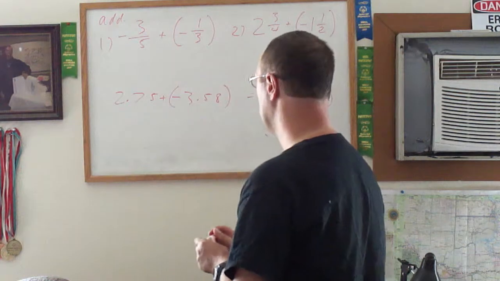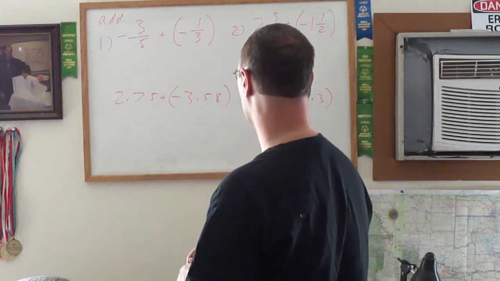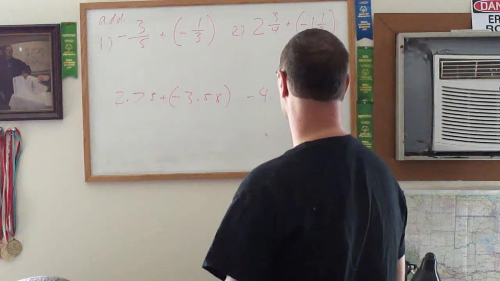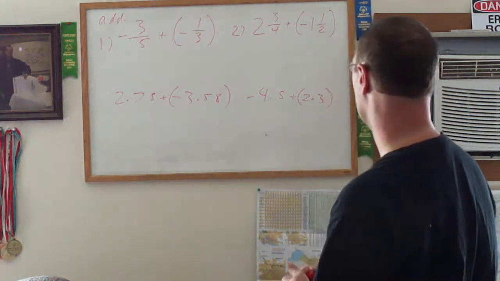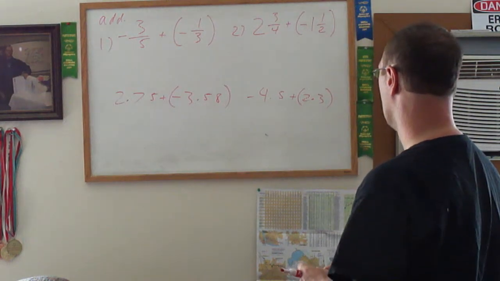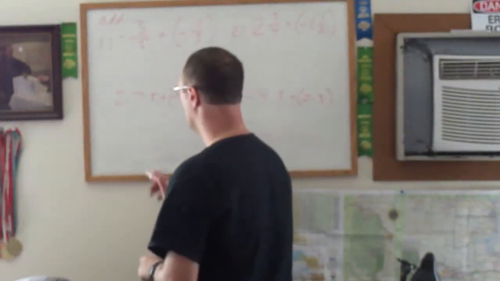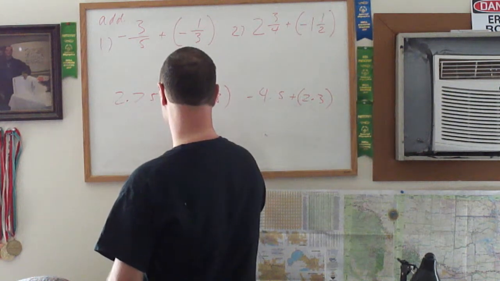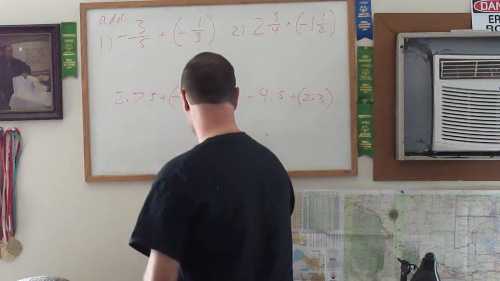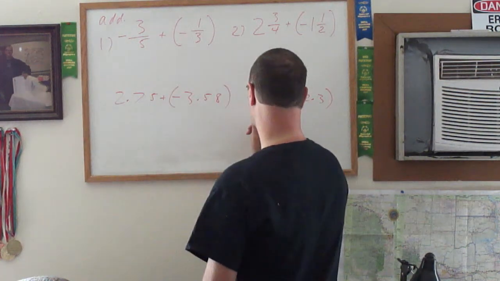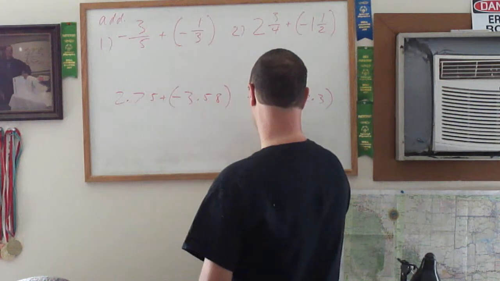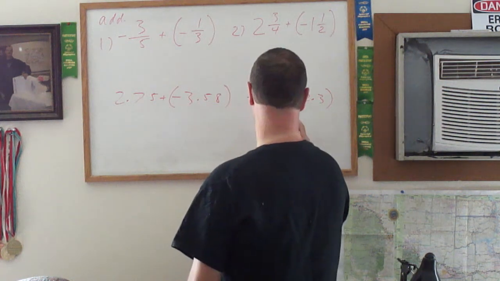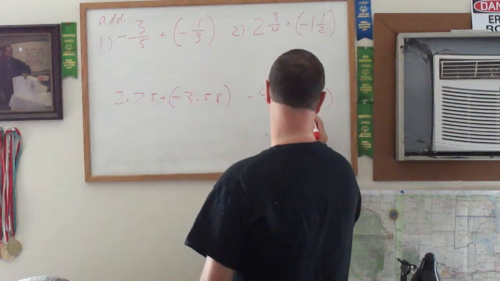Negative 3/5 plus a negative 1/3 is the first one. 2 3/4 plus a negative 1 1/2. 2 7/500 plus negative 3.5800. And negative 4 5/10 plus 2 3/10.